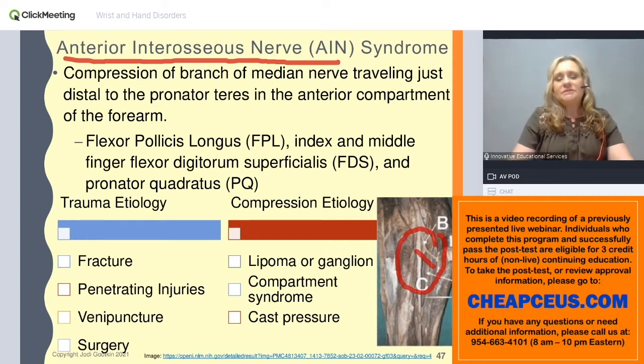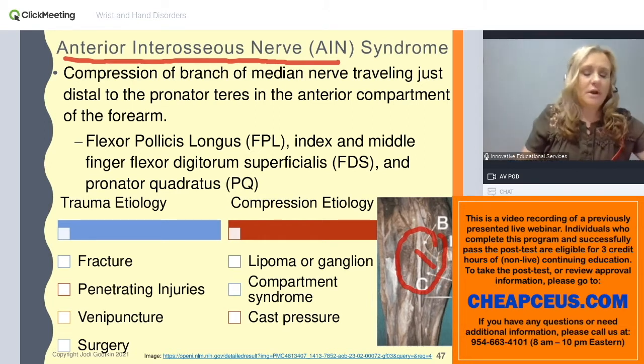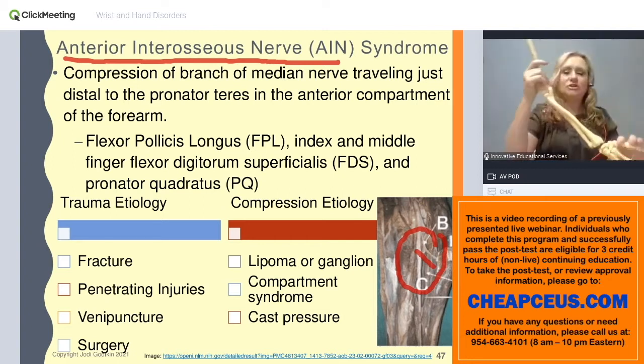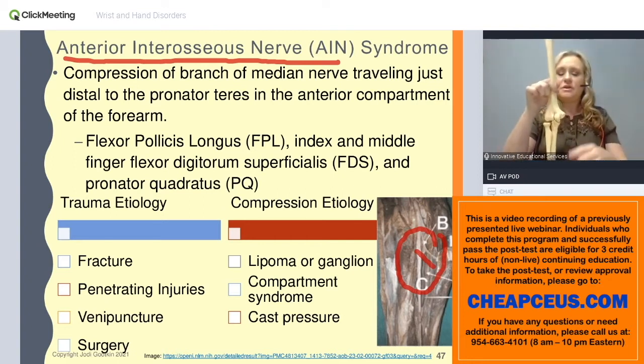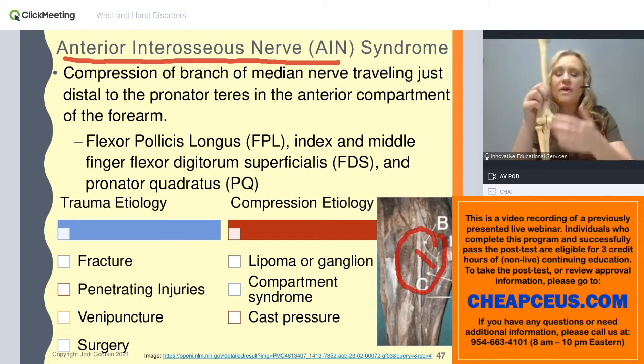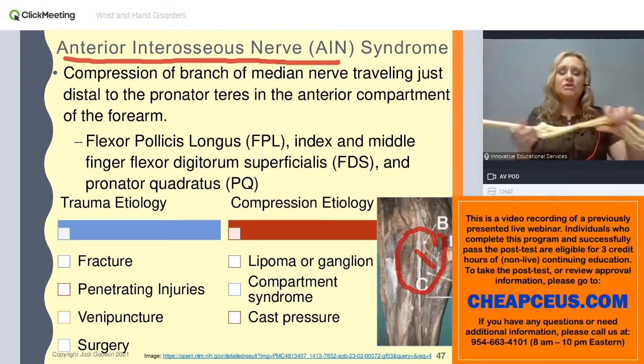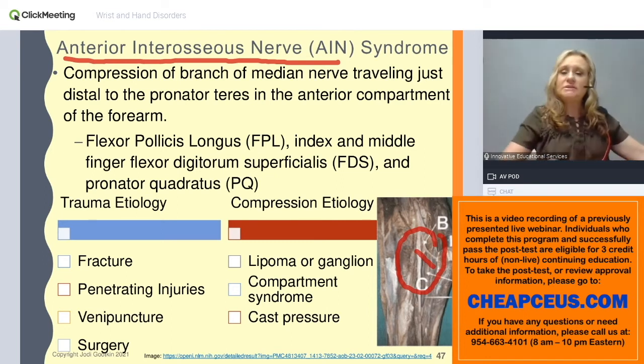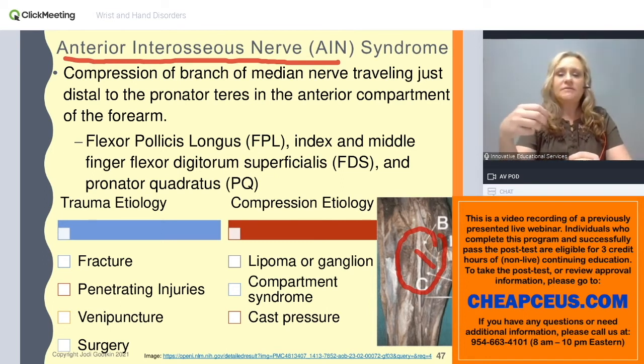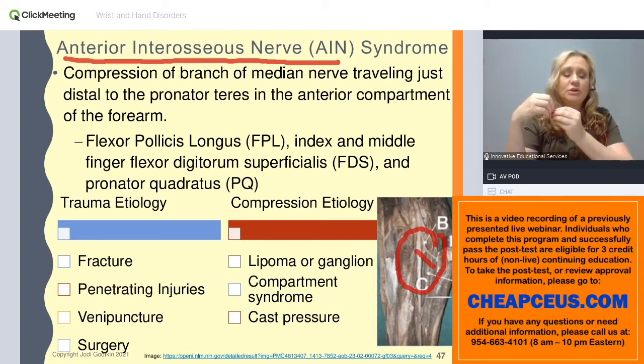There are several different mechanisms of injury that can exert a compressive force. When someone has particularly a supracondylar fracture of the humerus, as it's exiting in this region where the nerve is, it could compromise that nerve, as can penetrating injuries in this region. And also, if you consider this is where many venous punctures go in, patients who have many blood draws tend to develop more fibrous tissue in the area that can wrap around and compress this particular nerve.